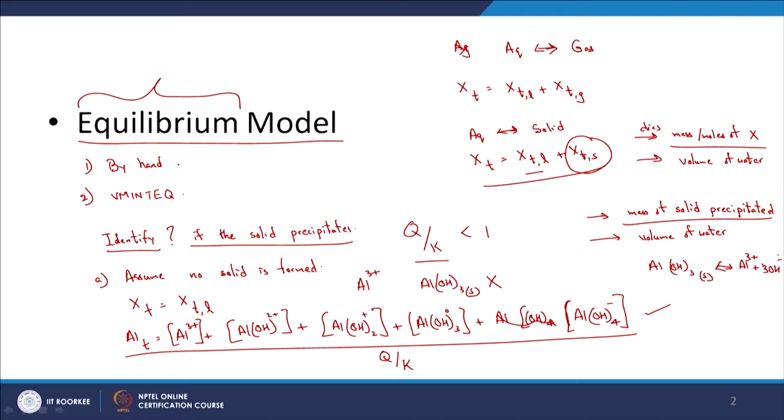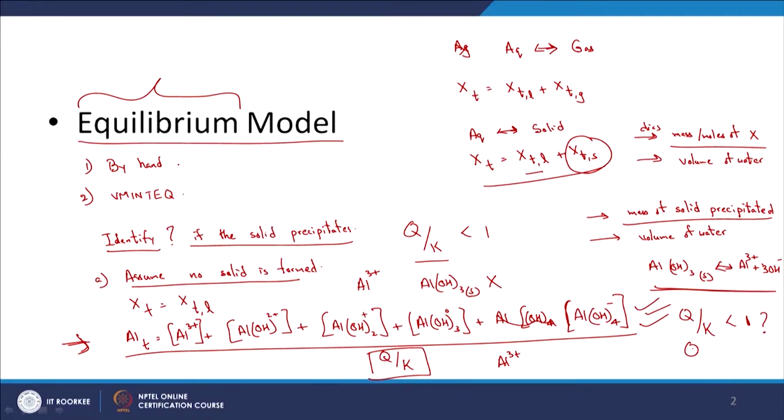So assuming that no solid is formed, I solve and calculate Al3+ and H+, and then calculate Q by K for this equation. If Q by K turns out to be less than 1, what does that mean? That means the solution is undersaturated. So your assumption of no solid precipitating is valid, and you can say this is the final solution and you are done.